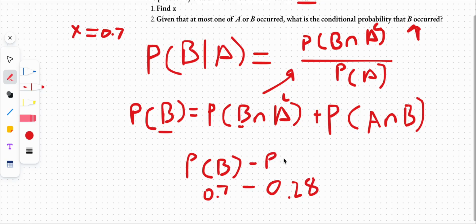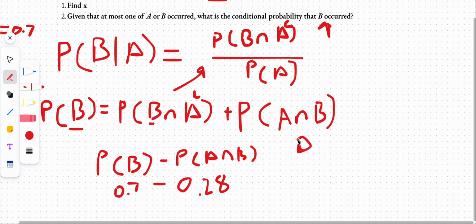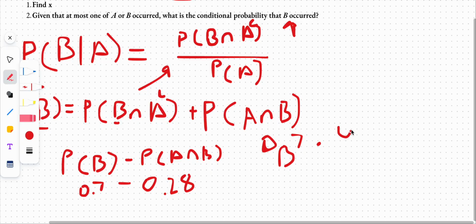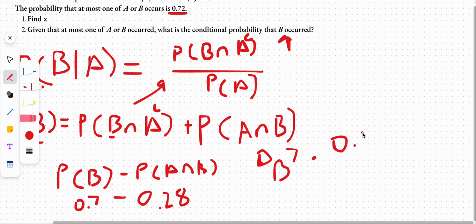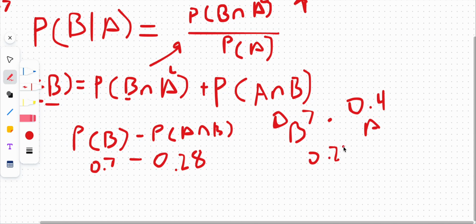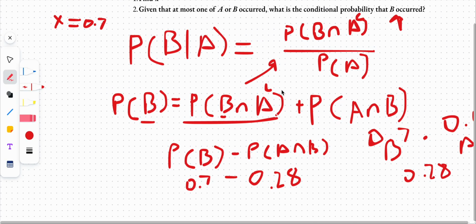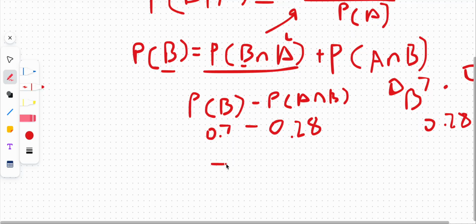How I got 0.28 was, because they're independent events again, it would be 0.7, which is B, times 0.4, which is A, and you get 0.28. So what I get for P of B and A complement is 0.42.